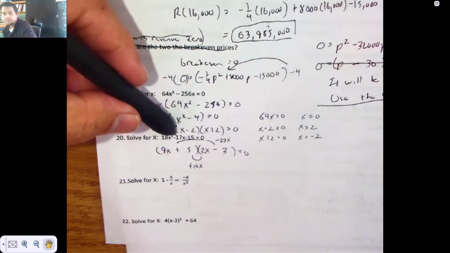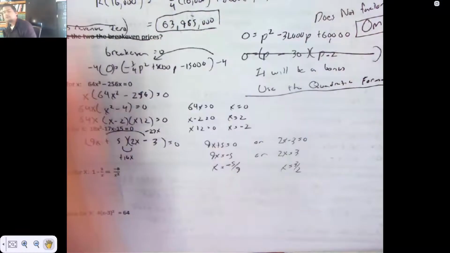The goal in the middle is negative 17. So 9x plus 5 is nothing, or 2x minus 3 is nothing. Two-step equations. 9x is negative 5, or 2x is 3. X is negative 5/9, or x is 3/2.